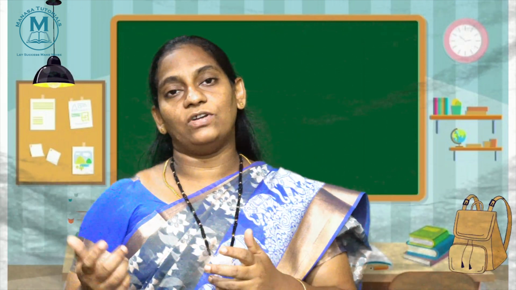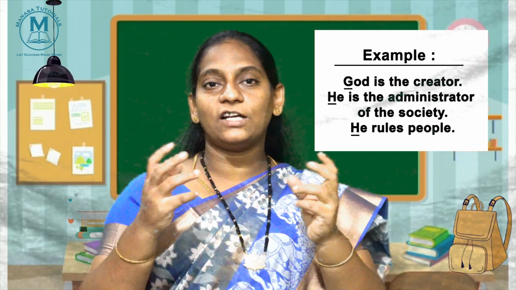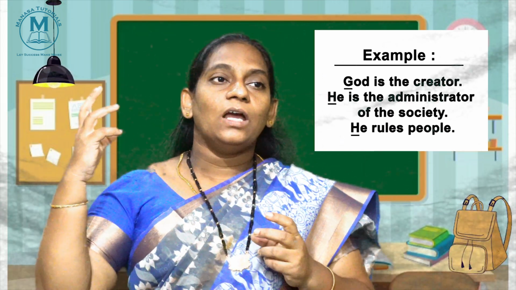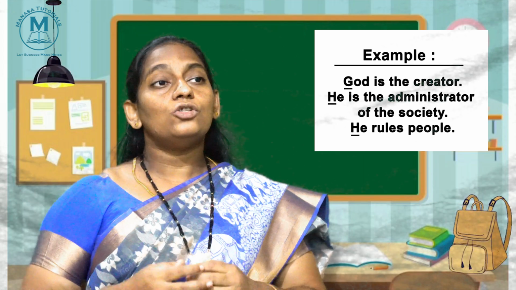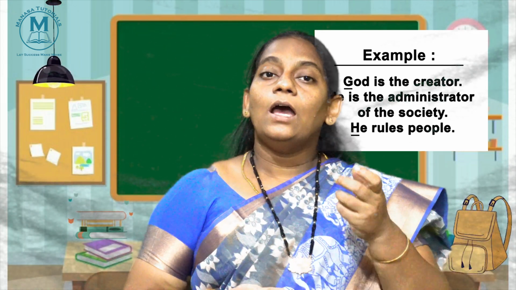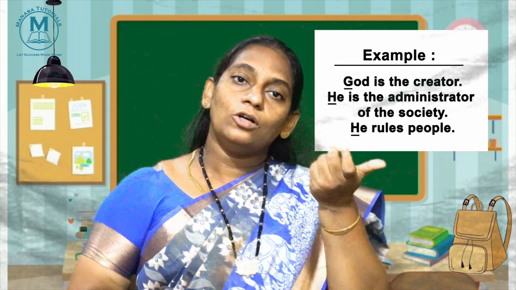In the same way, when we are talking about God, describing his deeds or his activities, or whenever in a sentence we are speaking about God: God is a creator. He is the administrator of the society. He rules people. Here we are saying he as a pronoun for God.